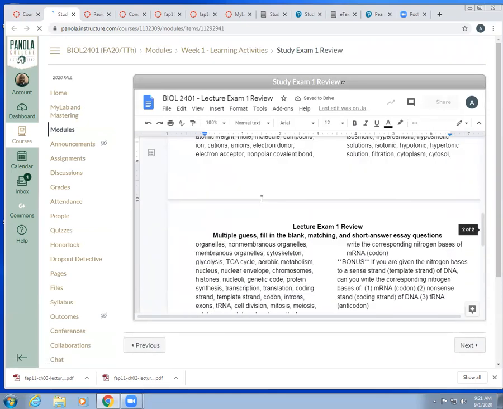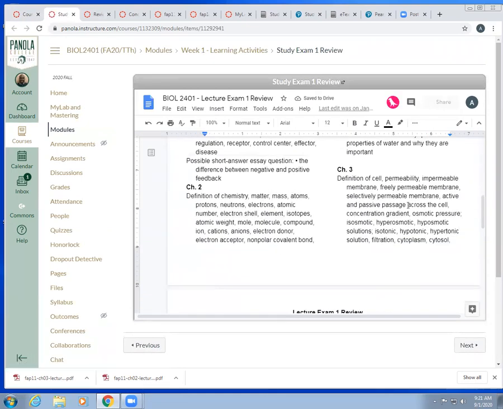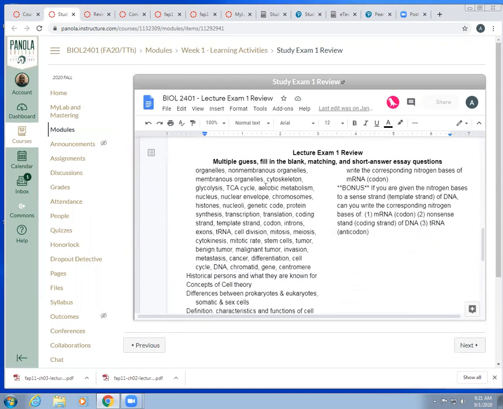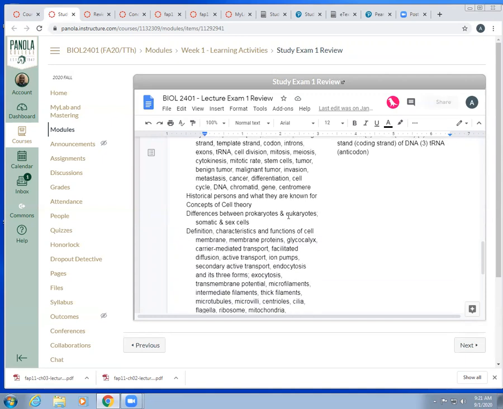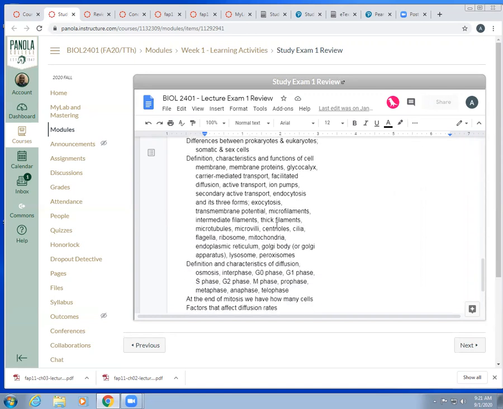So for chapter 3, parts about the cell membrane transport, concentrations, organelles, parts of DNA, cellular processes, mitosis, meiosis, transcription, translation, which we'll learn about this week. Prokaryotes versus eukaryotes, concepts of cell theory, some historical people and what they're known for.